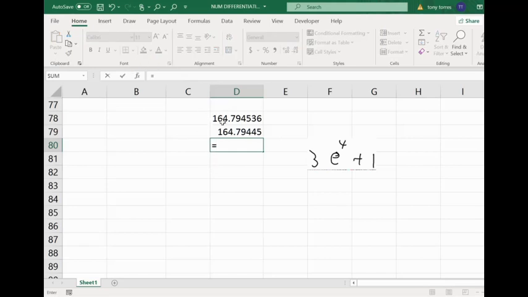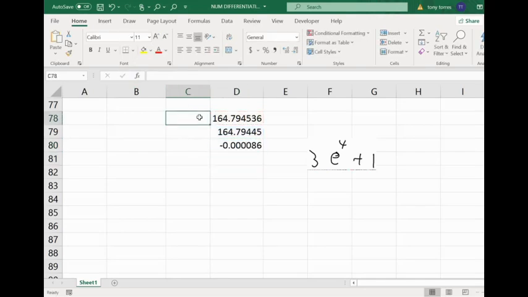This is the real number minus this. Ooh, that was perfect. This is what I call the area using Simpson composite, and this is the area, the real area.